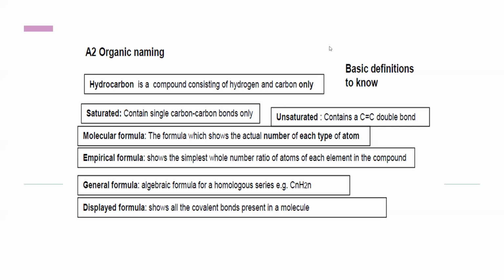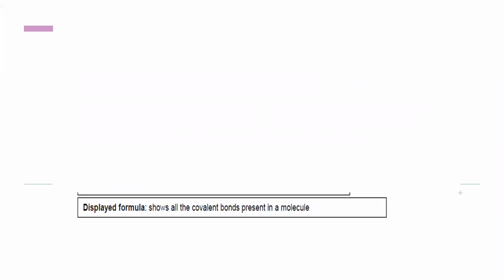What is a displayed formula? The formula which shows the complete structure of the molecule, that's known as a displayed formula, in which we represent all of the covalent bonds present in the molecule. For example, say we have C4H10, which is butane.